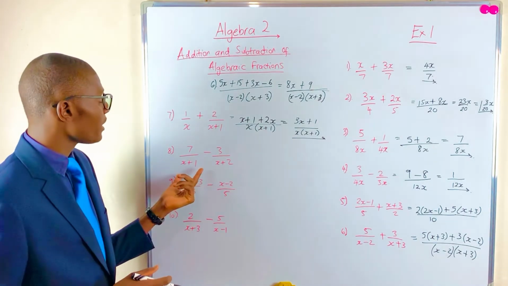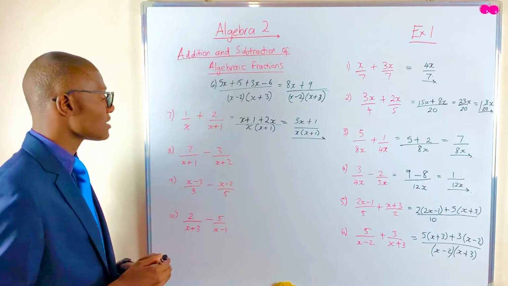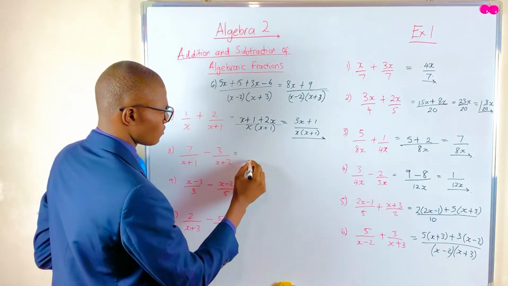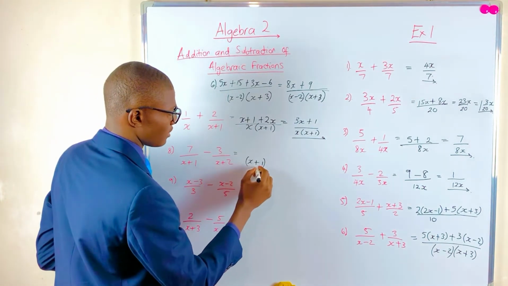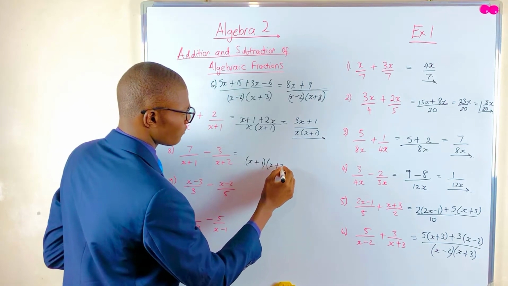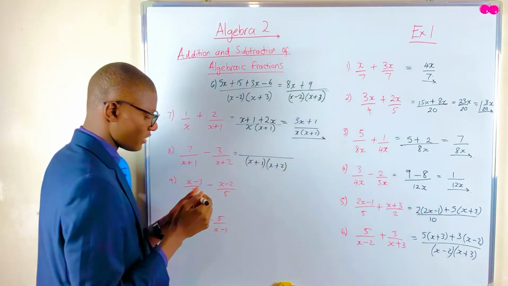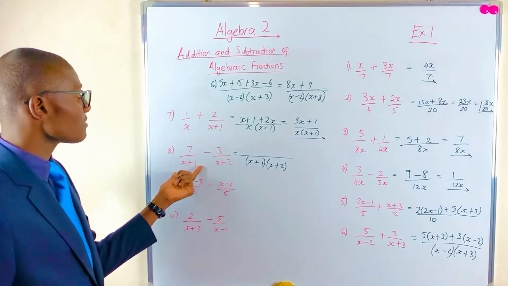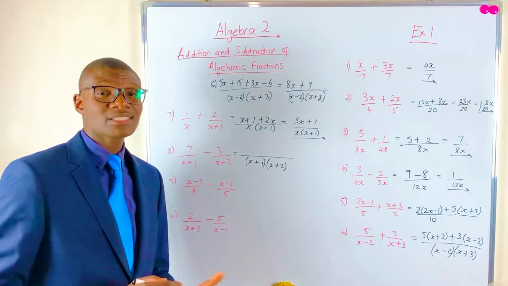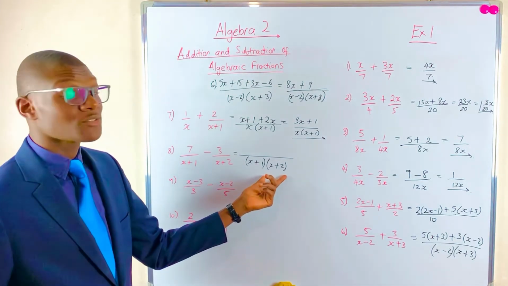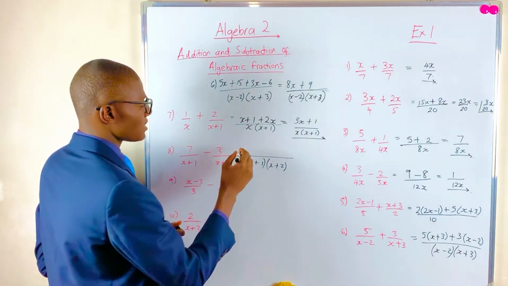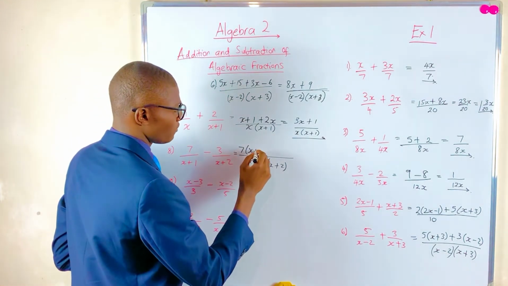So common denominator will be x plus 1 times x plus 2. So x plus 1 times x plus 2. This is over like that. Such that x plus 1 into x plus 1 times x plus 2, we get x plus 2. Then times 7, we're saying 7 times x plus 2.